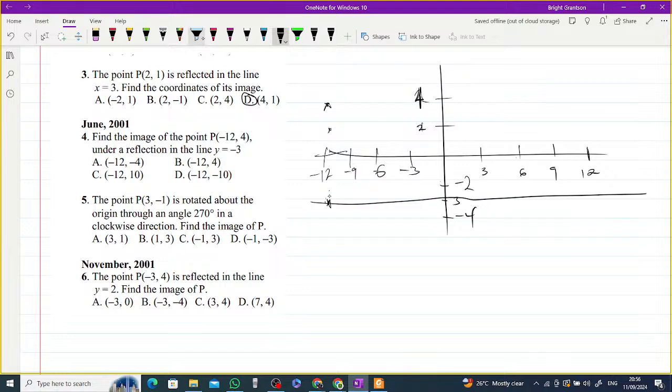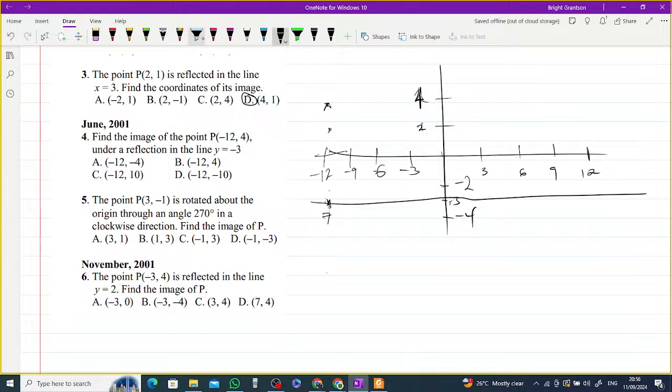Then I'll count the same 7 points downwards. Please, do you understand what I'm saying? Yes, sir. So if you are counting from 4 to the line y equals negative 3, up to the origin is 4. Then you come downwards 5, 6, 7.